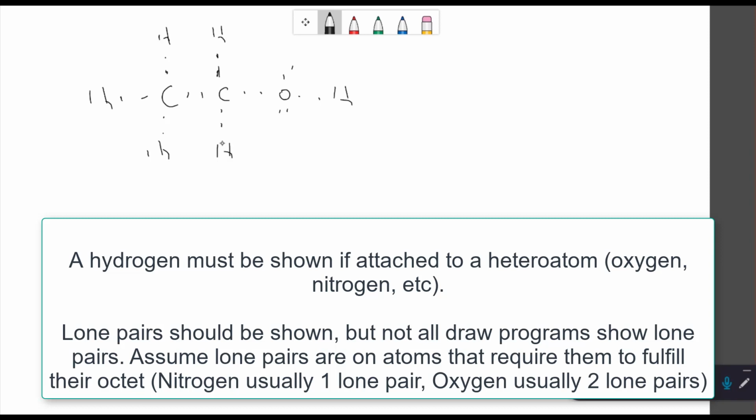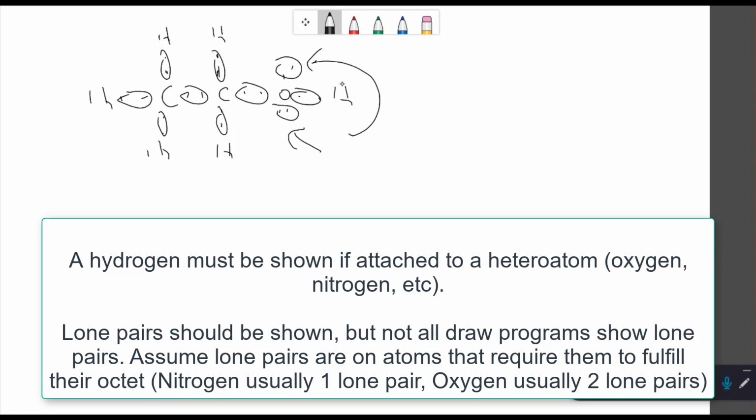All right. So each one of these has the octet fulfilled. So the carbons' octets are fulfilled. The oxygen's octet is fulfilled, and the hydrogens' octets are fulfilled. Also notice that on the oxygen there are 2 lone pairs.